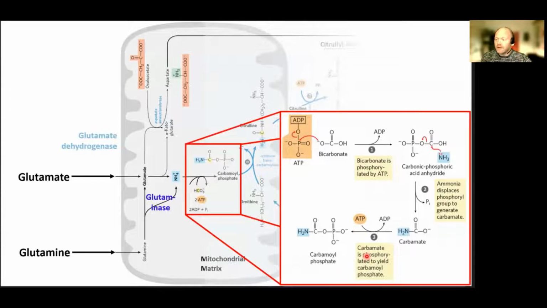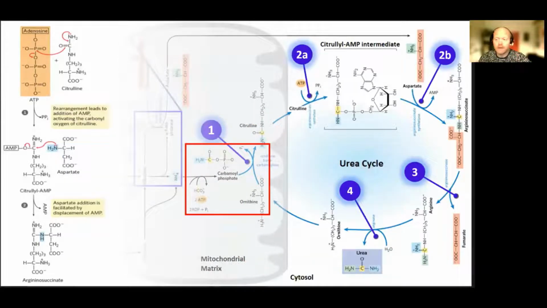So again, we see that phosphorylation creates a reactive substance that can be subject to more reactions, in this case, amination. Now it's this carbamoyl phosphate that enters the urea cycle, and that is a subject of the next slide.